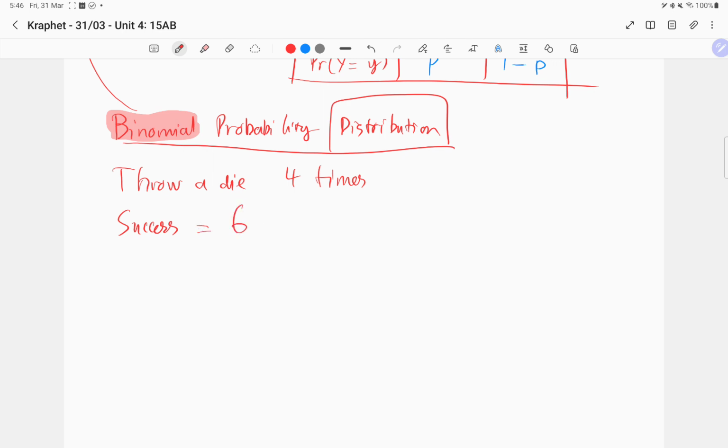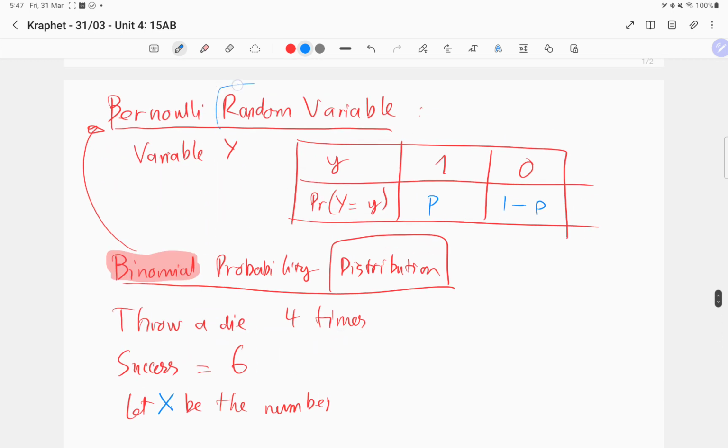Okay. So now the question is, let X be the number. Note that this letter here is a capital X. Capital refers to the random variable. Remember what we were saying earlier? It's a random variable, right?